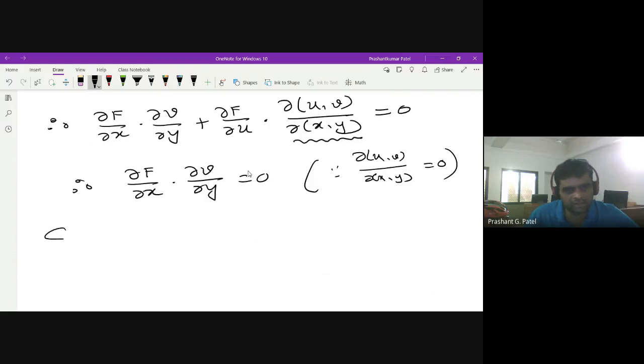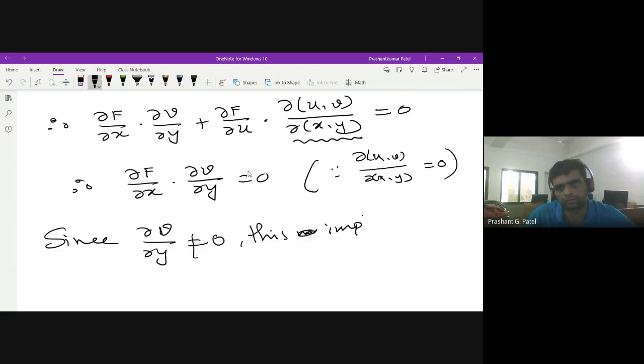Now since del v by del y is non-zero here, del f upon del x is 0. Because if the product a times b is equal to 0, it implies that a is 0 or b is 0.